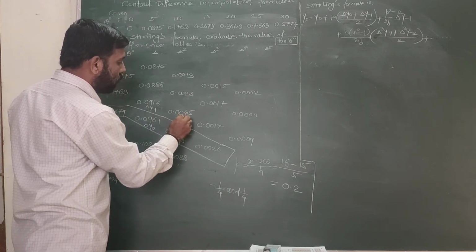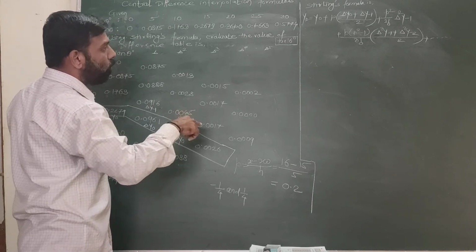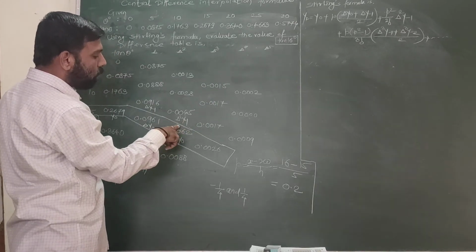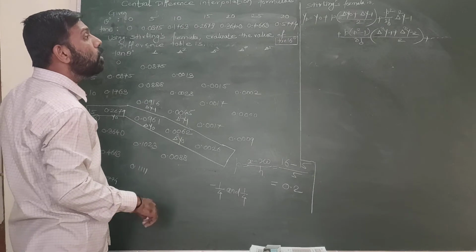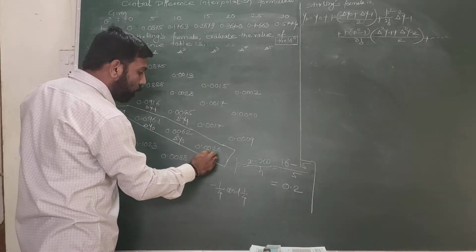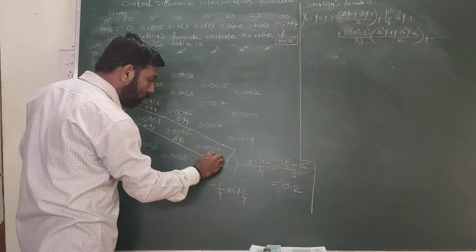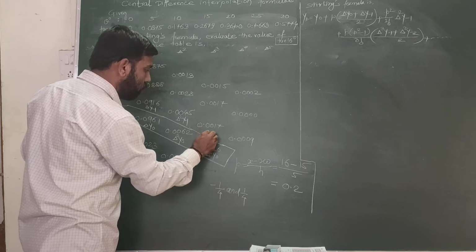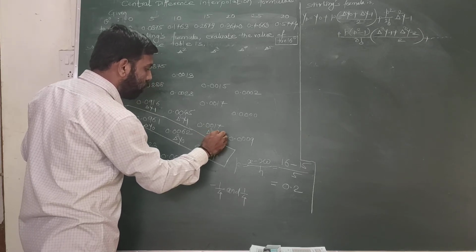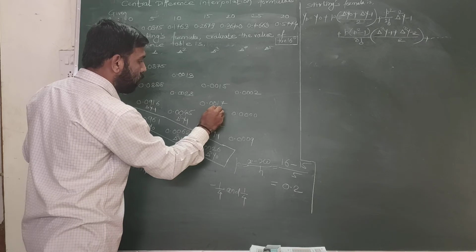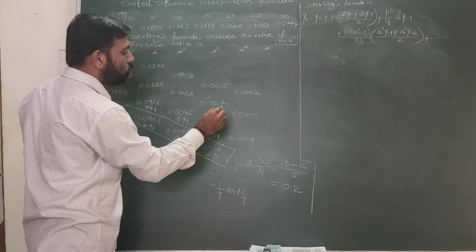It is delta square y of minus 1, so this we got here as the value. Next, in the delta cube, this is delta cube y of 0, delta cube y of minus 1, delta cube y of minus 2.